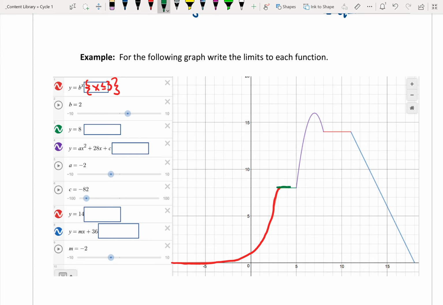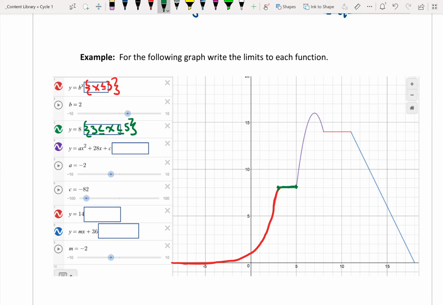For this green section, the next one, we can say that the restrictions are for when x is greater than or equal to 3. So we're going to put 3 here, x is greater than or equal to 3, but x is also less than or equal to 5, because this green function does not go any further from 3 to 5.